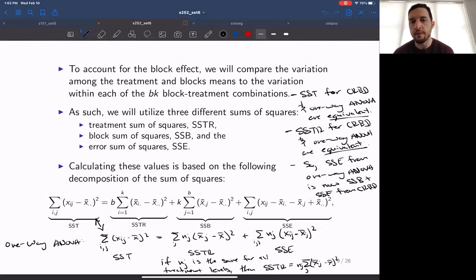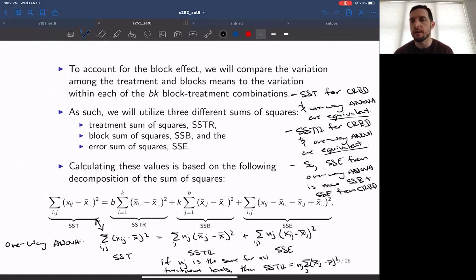We can notice that the SST values are identical, so they have the same total sum of squares. The SSTR, the sum of squares treatment, are also identical because a completely randomized block design will always have the same number of observations for each of the treatments, which is little b.